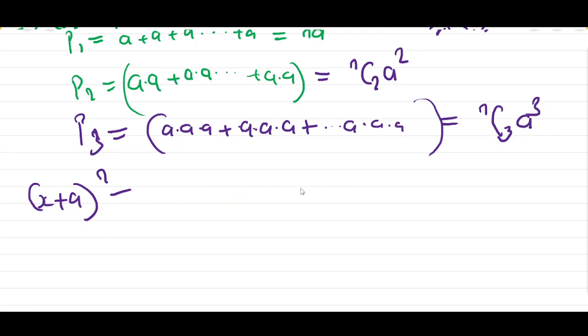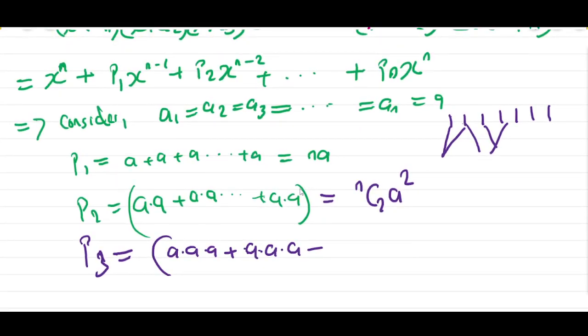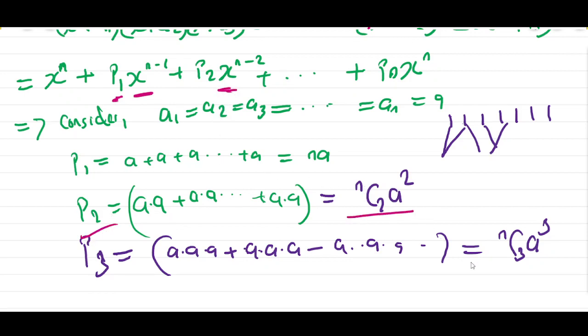Here we are supposed to have x to the n minus 1. Sorry for the interruption. Here we have p1, but we're multiplying by x to the n minus 1. Then we have p2 multiplying by x to the n minus 2. And we have defined p1 and p2 to be this.